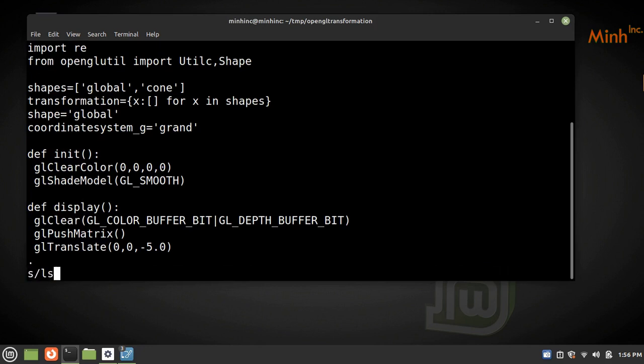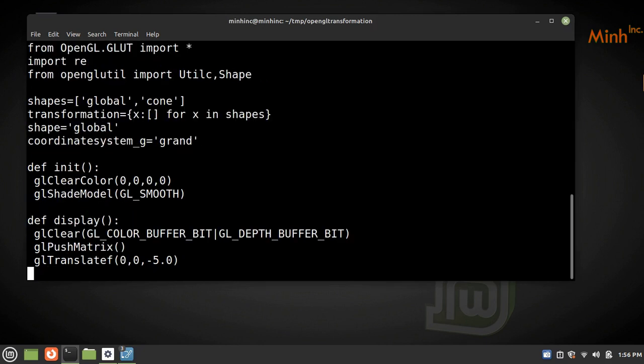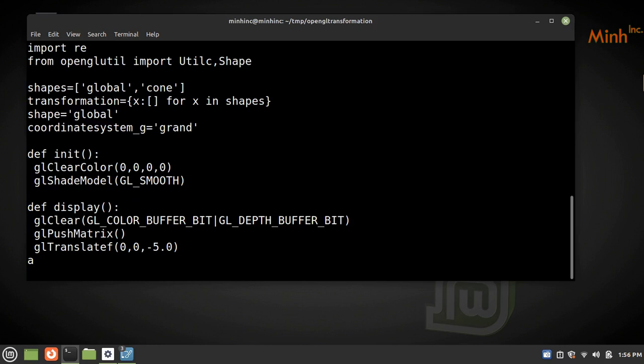Okay, so we'll make it translatef, and we'll have glTranslate x if len of x equal to 3, else glRotate x if not x[0] equal to 's', else none, for x in transformation global.